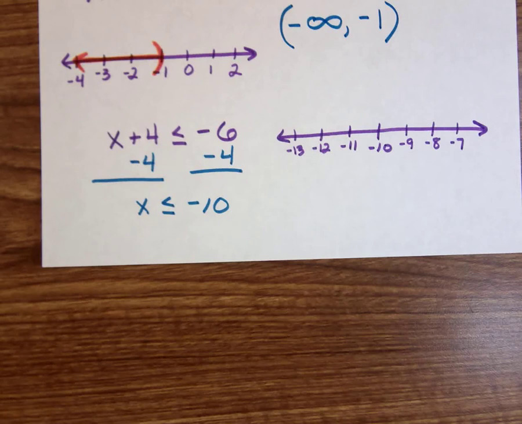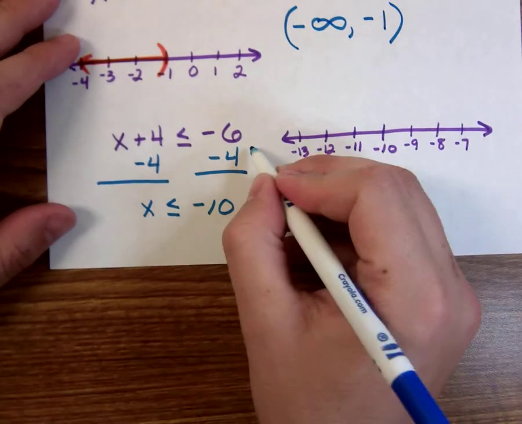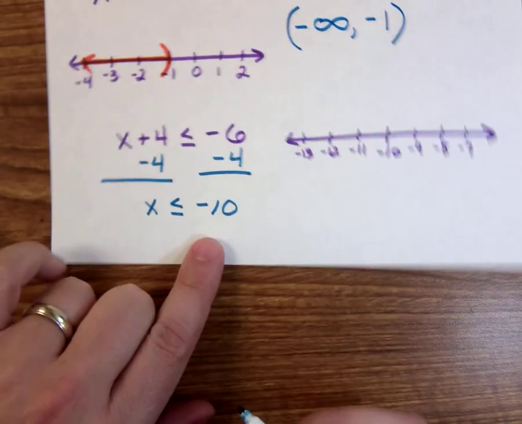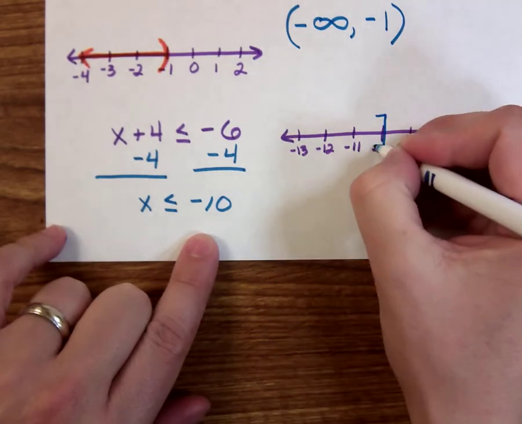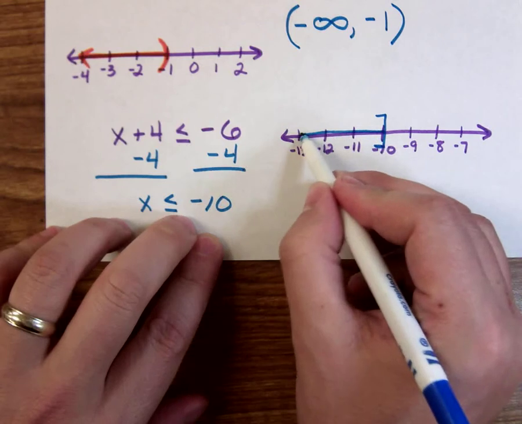Negative 10 could be one of them, right? And then everything lower than negative 10. So what are those numbers that are lower than negative 10? Negative 11, negative 12, negative 13. So here's what I'm going to do. I'm going to start at negative 10 and go all the way down. Would I have a bracket or a parenthesis on negative 10? Bracket, because it could be negative 10. Good. And then arrow going like this.